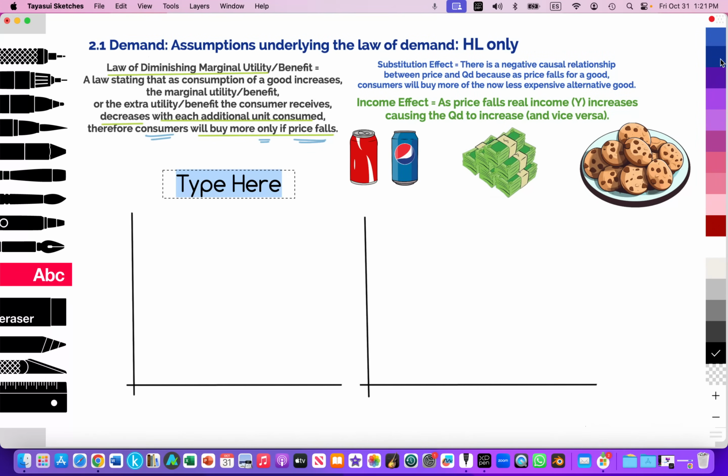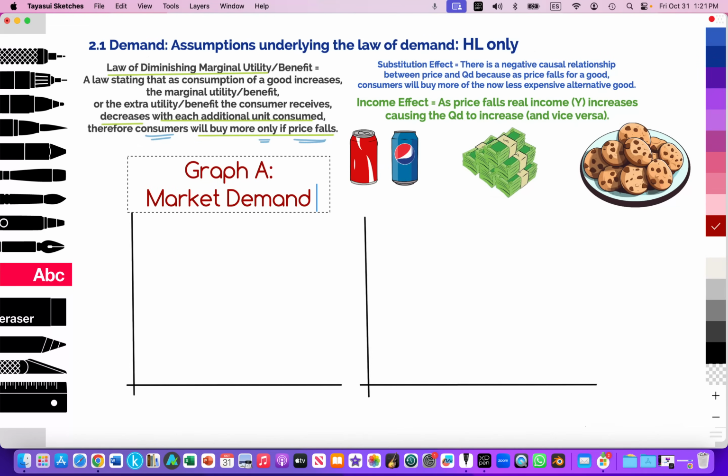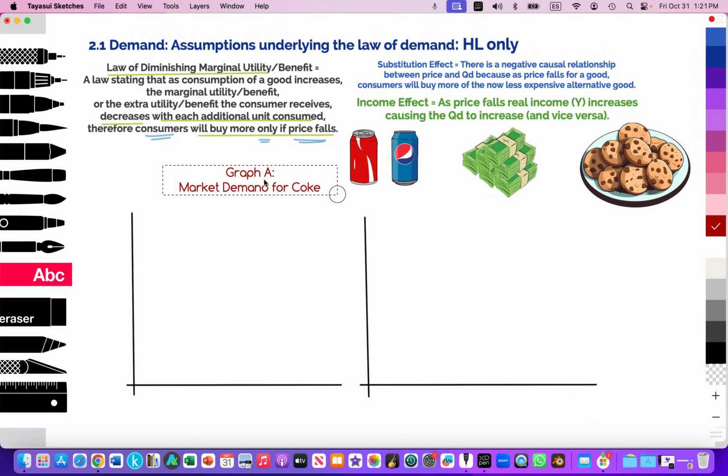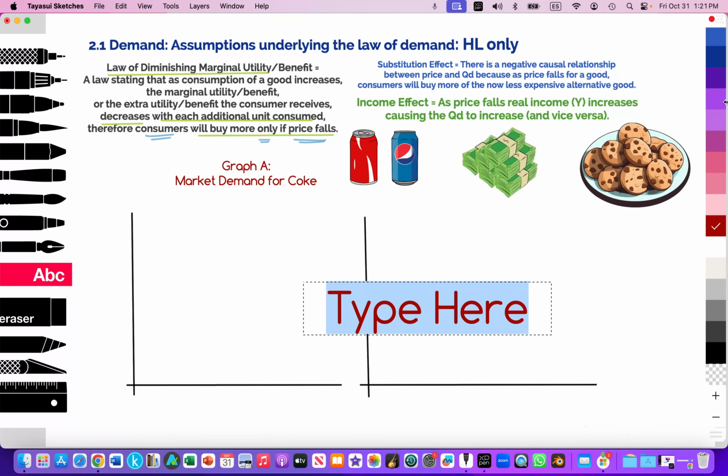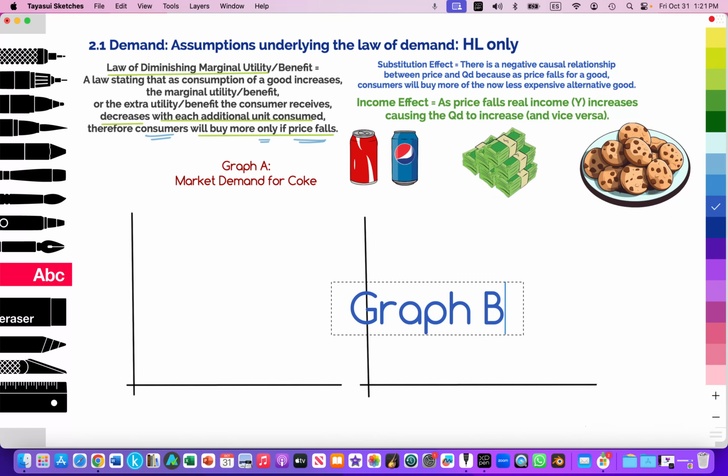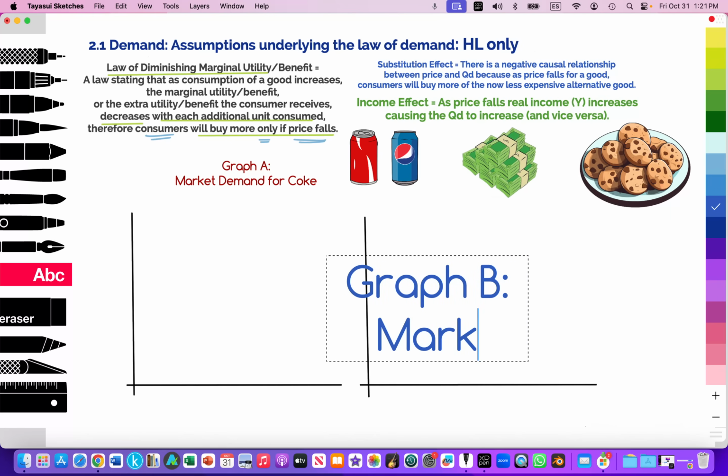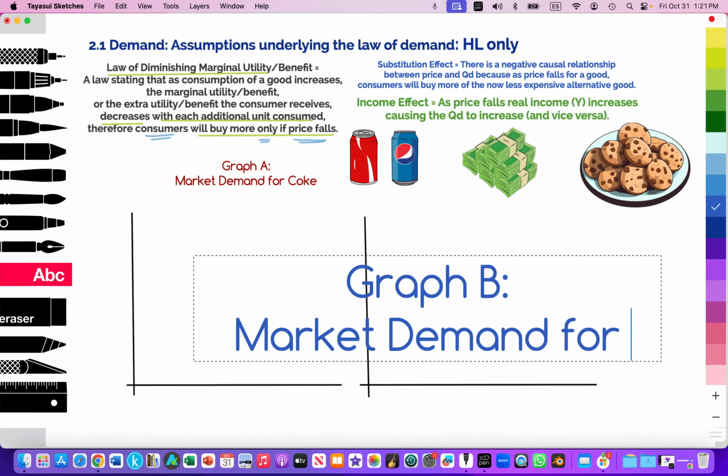And let's use a color here. Let's use red for Coke. So graph A being market demand for Coke. I'll make this a little bit smaller. And we'll have another here. We'll have this be Pepsi. So graph B, market demand for Pepsi.